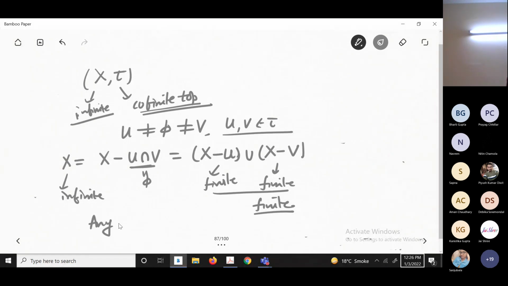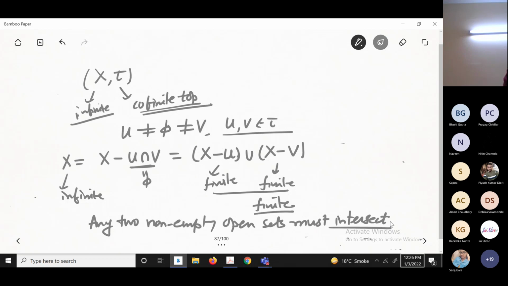In general, any two non-empty open sets must intersect. That means you are not getting any two disjoint non-empty open sets, so it cannot be T2. So this is not T2, but T1. In fact, often in interviews, both for PhD level as well as faculty interviews, people keep asking: give an example of a T1 space which is not T2.